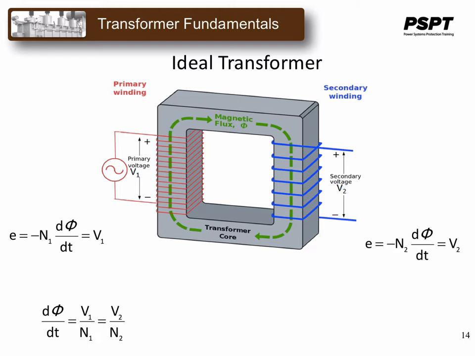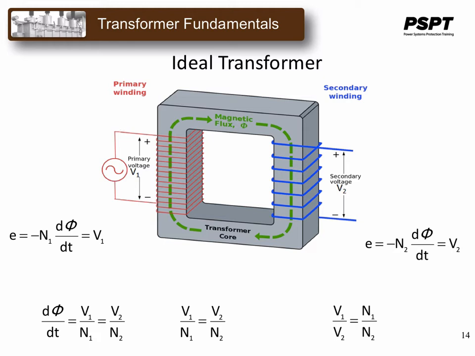So, changing these equations around, dφ/dt is equal to V1 over N1, which is equal to V2 over N2. Or you can say V1 over N1 is equal to V2 over N2.